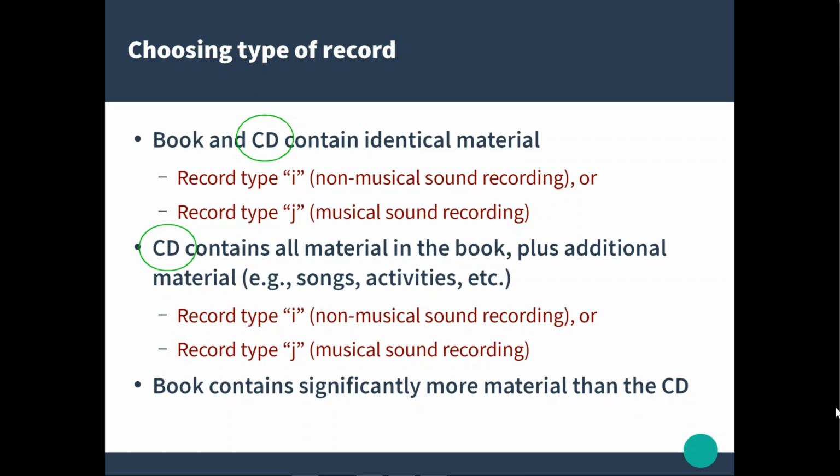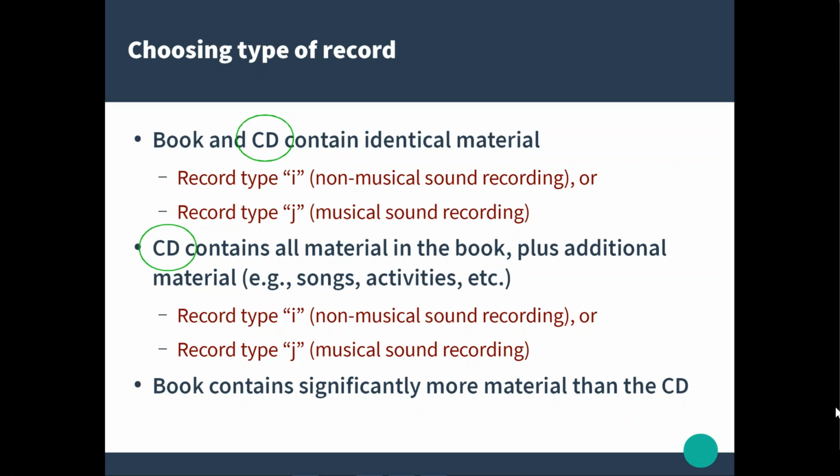And you're saying for the second one, CD contains all material in the book plus additional material. That's the one that you're talking about, right? Exactly. It contains exactly identical material, but it has a couple of songs in it. Right, and we'll get to one of those examples, and it usually will be a record type I. Again, this is that tricky one.